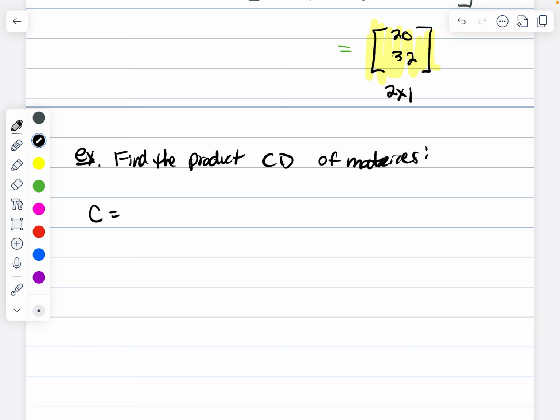So we have that C is negative 3, 5, 4, 0, 2, 4. And then for D, we have the following.